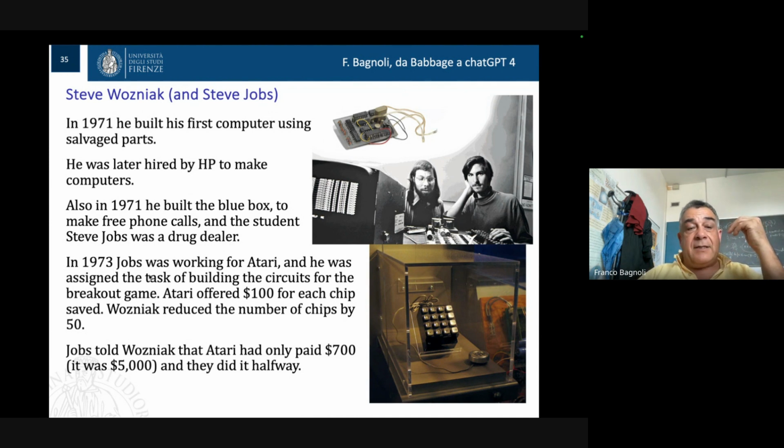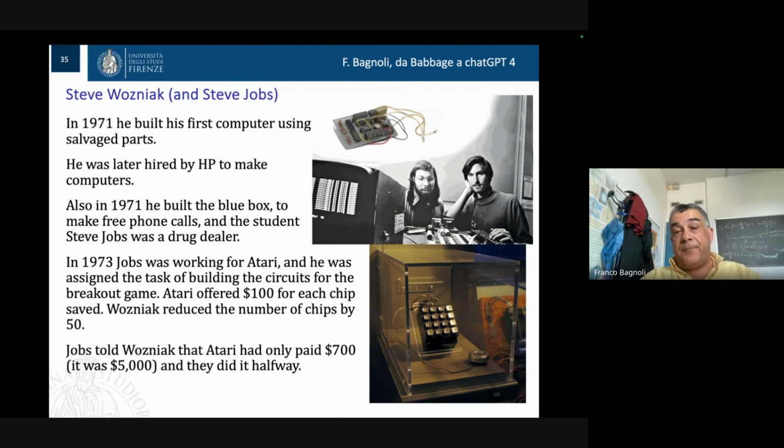In the 70s, Jobs was hired by Atari, and they wanted to build a home device for the Breakout game, but not using all the circuits that were used in the console. And so clearly, Atari offered $100 to Steve Jobs for each chip saved.